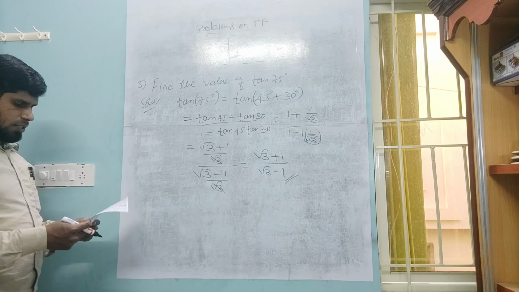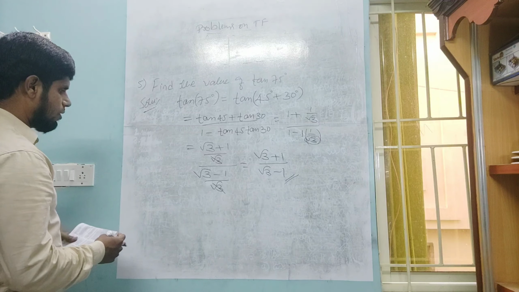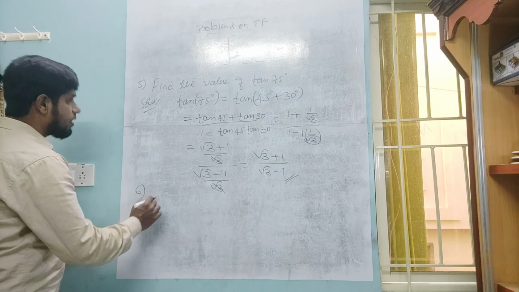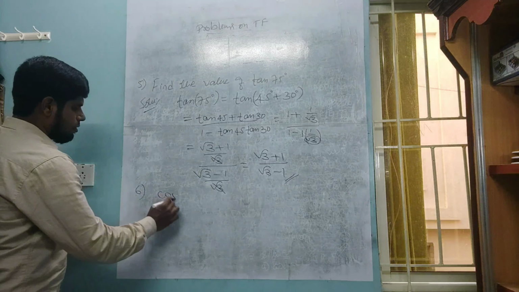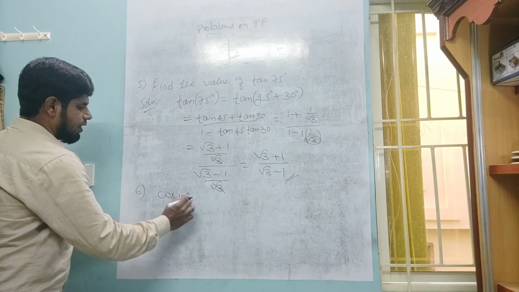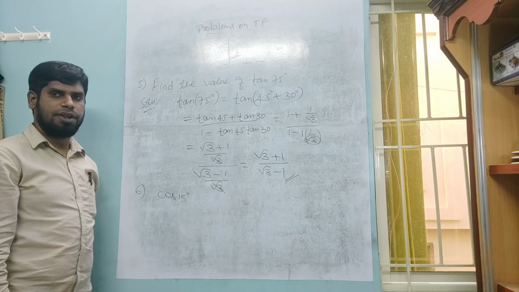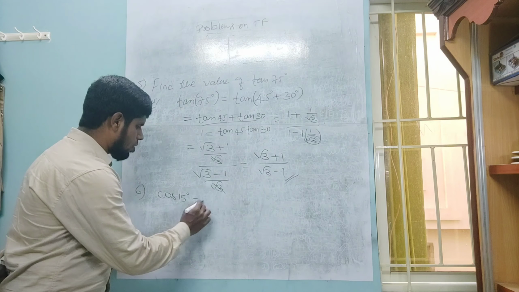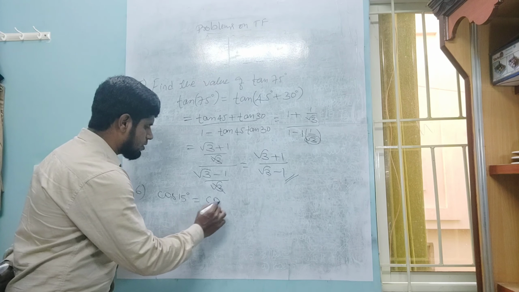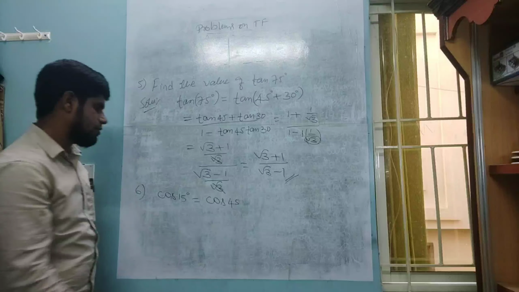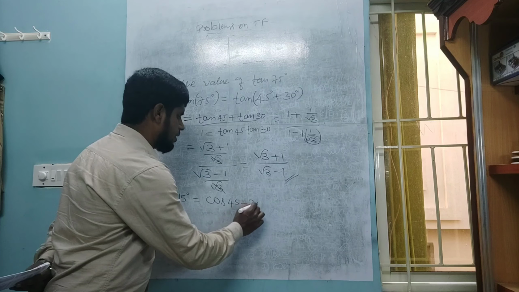Next, let us take another value. Find the value of cos 15 degree. Let us see how we can find cos 15 degree here. So cos 15 degree can be written as cos 45 minus 30 degree.